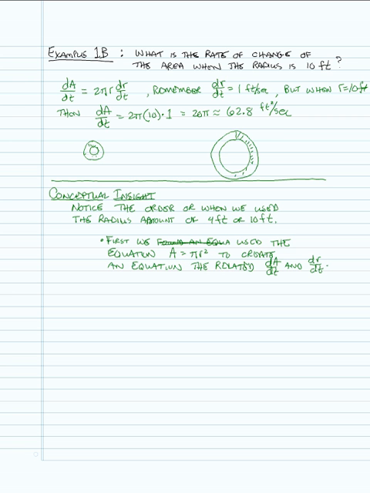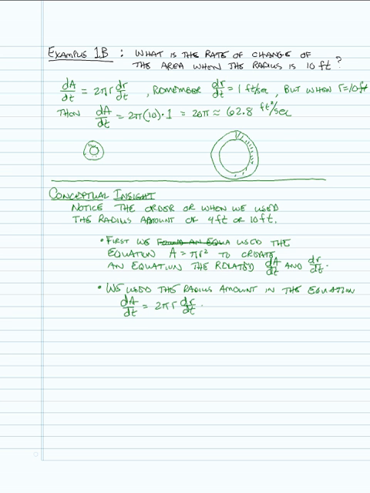What we didn't do is plug in the radius amount to that equation. And it was after we have the equation, we used the radius amount in the equation derivative of A with respect to t is equal to 2 pi r times the derivative of r with respect to t. That's when we use the radius amount.